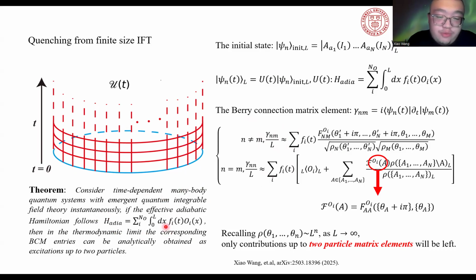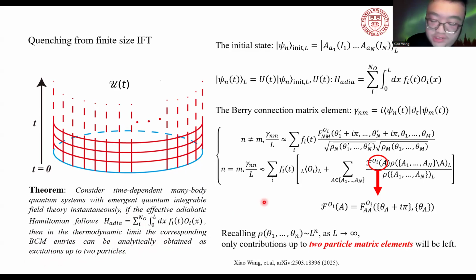So in this case, we can provide this theorem. That is, if the time evolution process with the effective adiabatic Hamiltonian follows this form, then we can claim that in the thermodynamic limit, the corresponding Berry connection matrix element can only be obtained analytically from excitations of up to two particles.